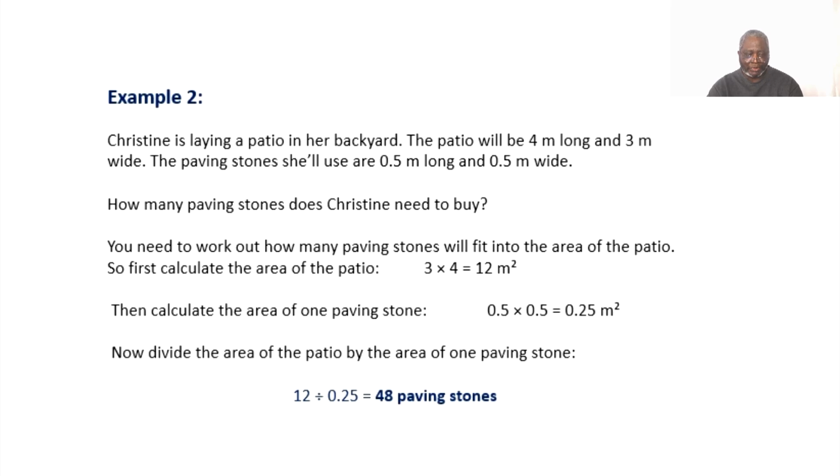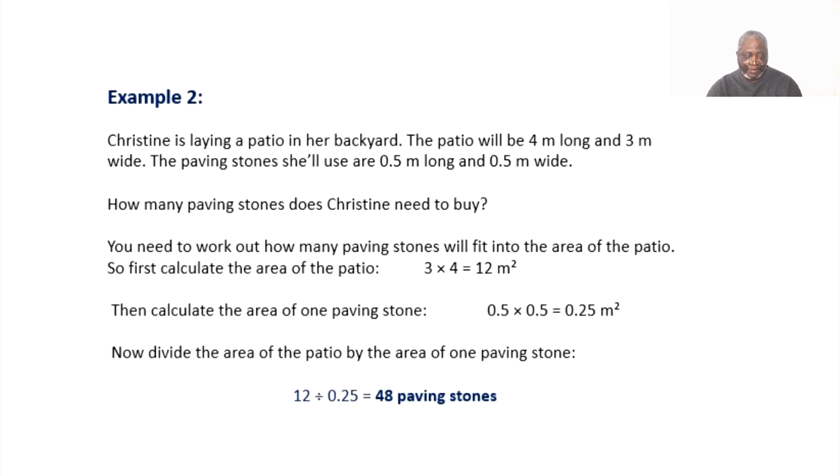You need to work out how many paving stones will fit into the area of the patio. So first calculate the area of the patio, which is 3 times 4 equals 12 meters squared. Then calculate the area of 1 paving stone, which is 0.5 times 0.5, which is 0.25 meters squared.